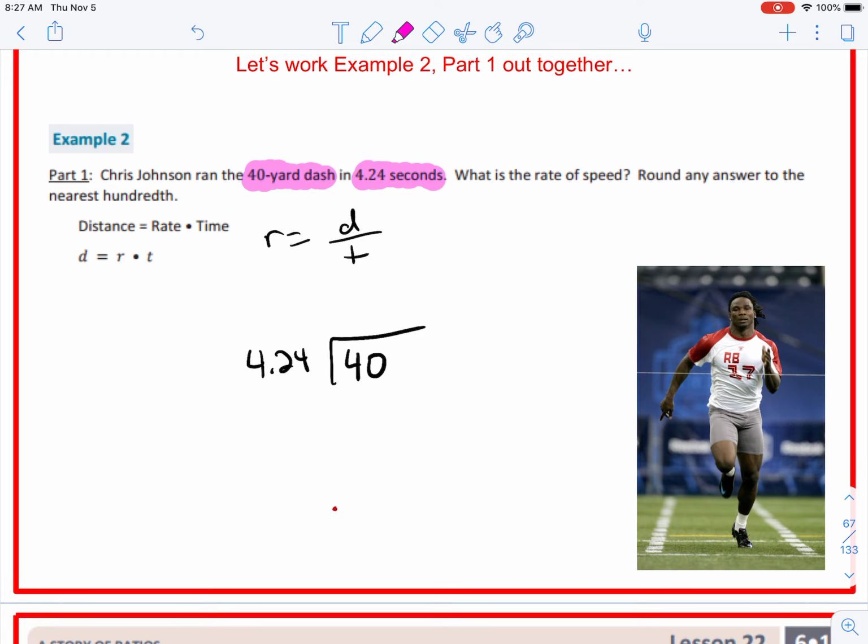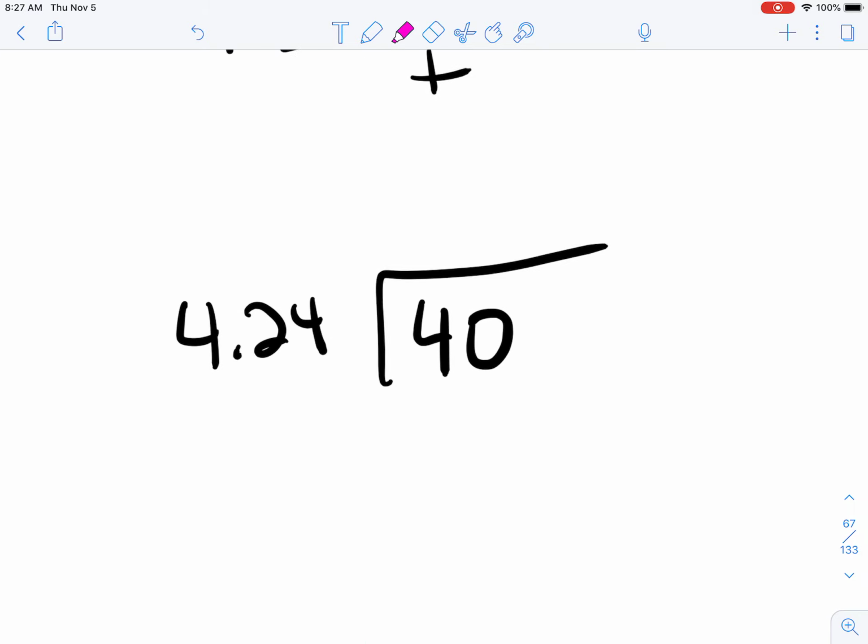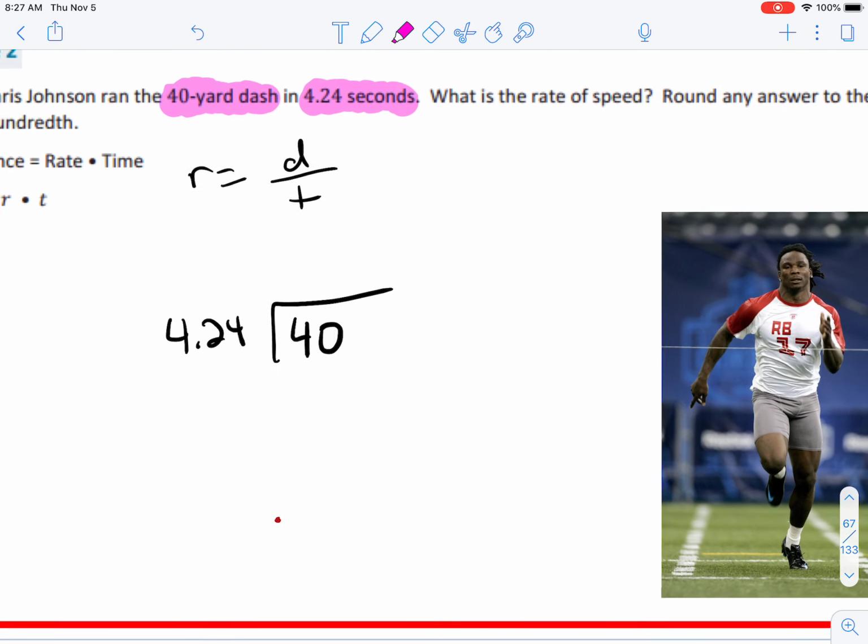As you see, we haven't really done this before with the divisor having a decimal, and we'll learn about this concept later. But for now, I want you to plug this in quickly into your calculator, 40 divided by 4.24, and then round that to the nearest hundredth. So pause the video and do that real quick. You should have paused the video and rounded to the nearest hundredth.